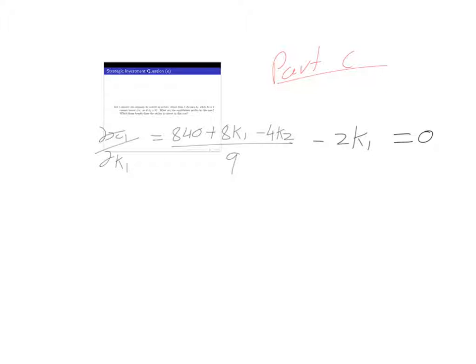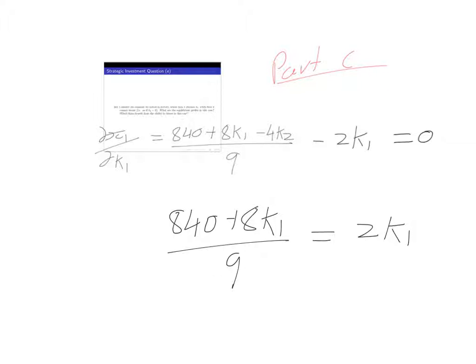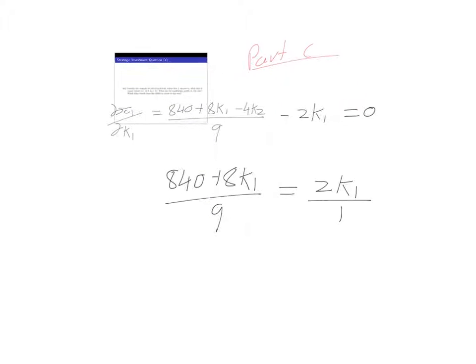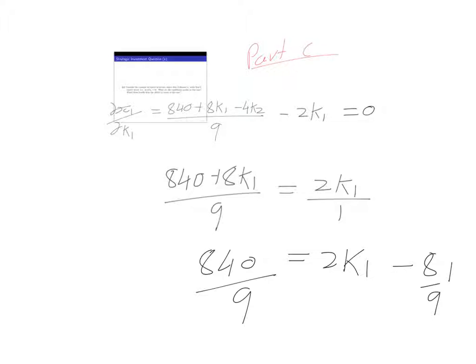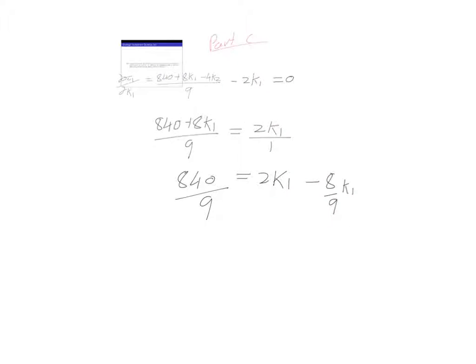And the idea is, now that you know K2 is equal to 0, this becomes 840 plus 8K1 on 9 equal to 2K1. And then it becomes 840 on 9 equal to 2K1 minus 8 on 9 K1. So what do we end up with?